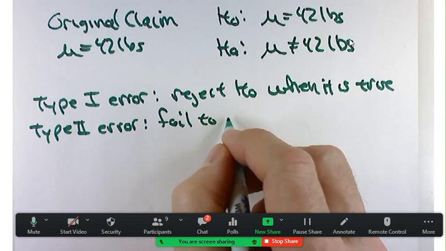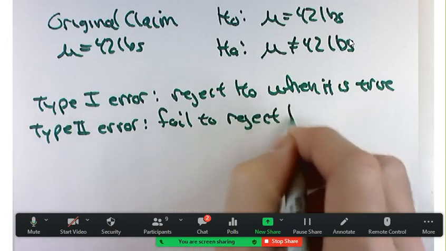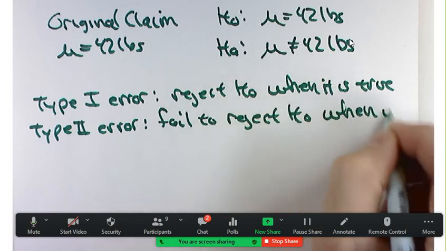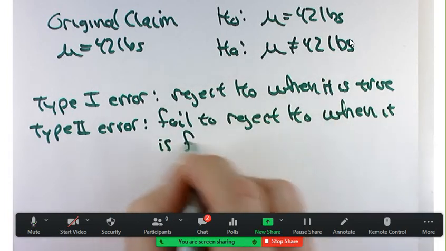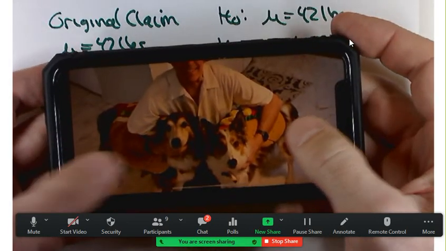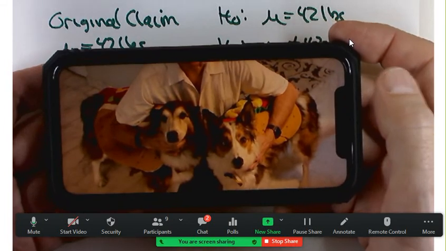Type 2 error is to fail to reject H naught when it is false. So those are your two definitions. Give you a second to copy that. And here's two handsome doggies dressed up for Halloween. Yay.